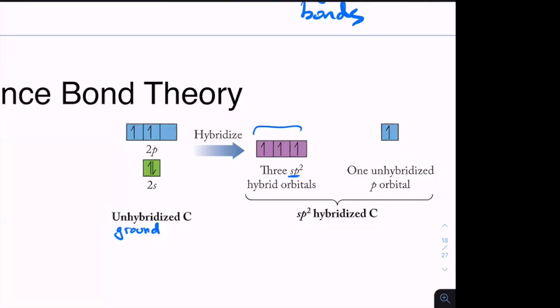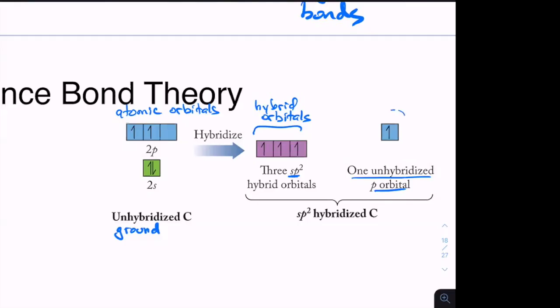That's this 1 p orbital. There's 1 unhybridized p orbital. So here, these are the atomic orbitals. Let's put it this way. And these are the hybrid orbitals. Overall, we started with 4, so we need to end up with 4. But when it's sp2 hybridized, that leaves 1 of those p orbitals unhybridized.